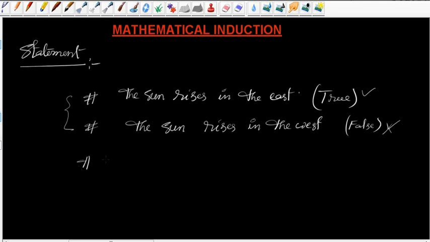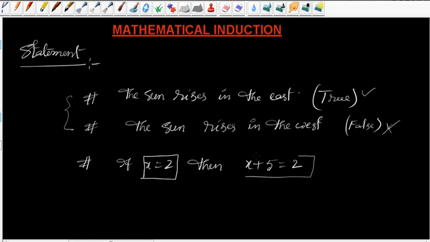One more example. If x is equal to 2, then x plus 5 is equal to 2. Now we are going to check whether it is true or false.